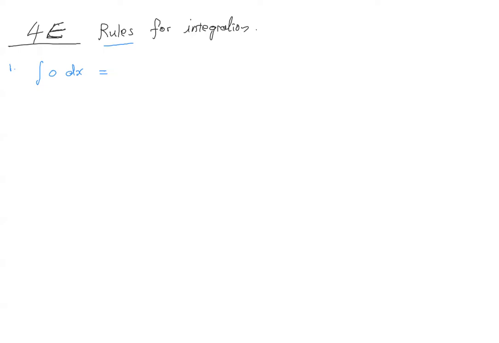Integrate 0 dx, you get 0. You have to think now. You differentiate a constant, you get 0. So you integrate 0 the other way around. If I integrate 0 dx, I get a constant. So please remember this.